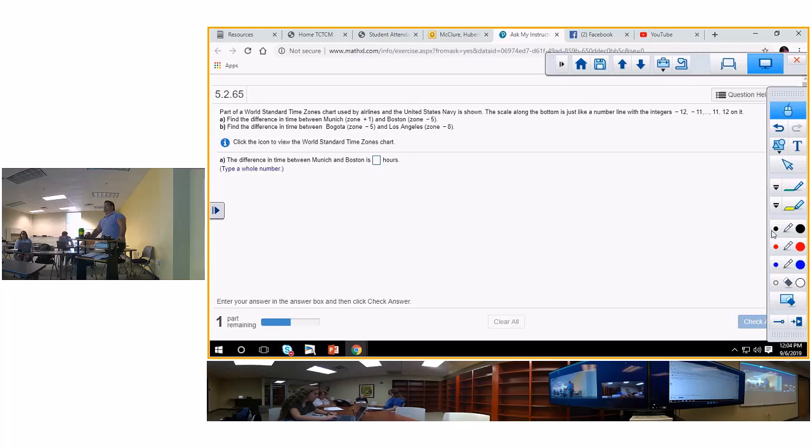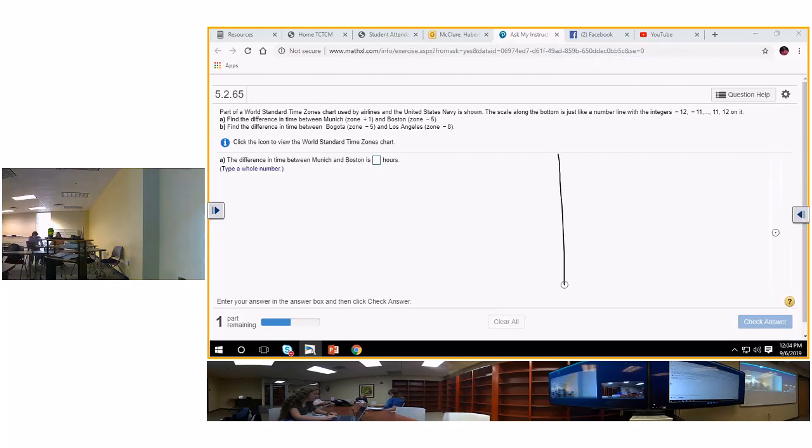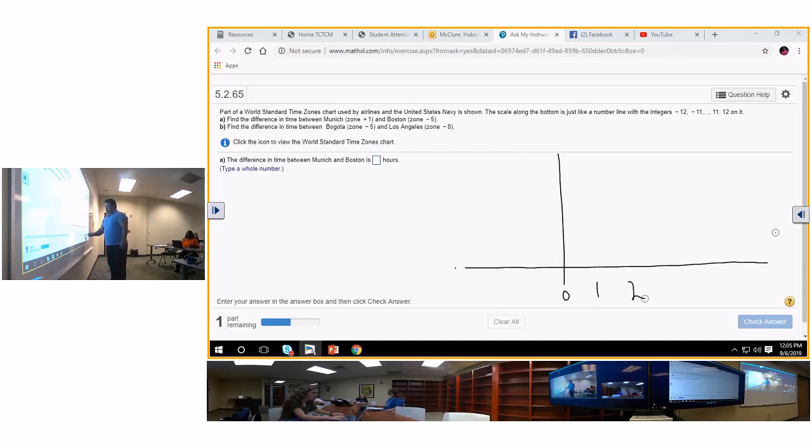Now what they're saying is, if you've got a standard time zone, and the standard time zone goes through Greenwich, England, then that's 0. Everybody with me? And what would be to the right of 0? 1, 2, 3. And what would be to the left?